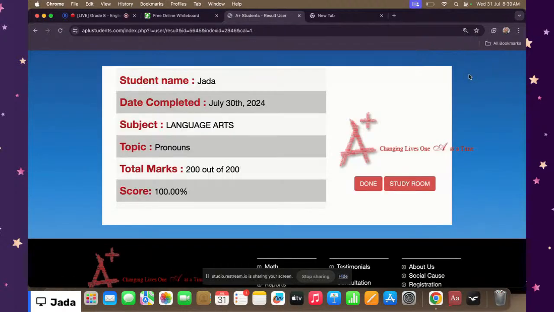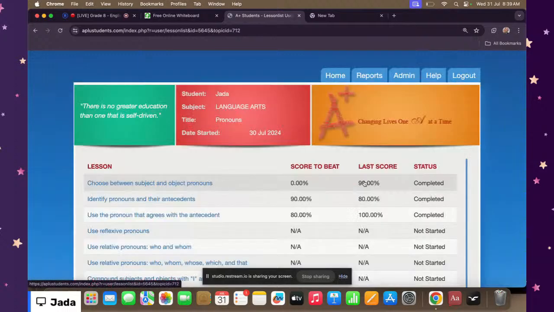Take note of what the antecedent is, and the pronouns. You need to make sure that they agree with each other. We've done 3 lessons from here. Next lesson, we'll continue from the use of reflexive pronouns. Okay, so you have to make sure that you understand the antecedent. If you have any questions, you can ask on the chat box so that I can explain better and you can understand.